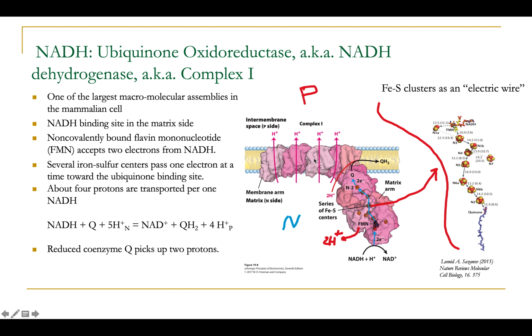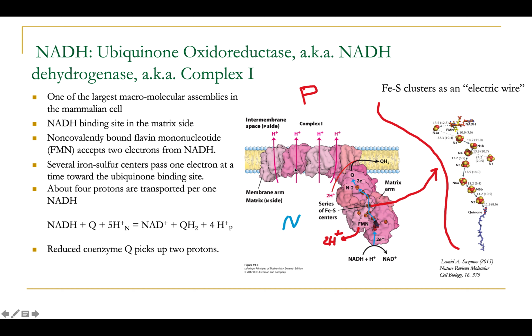So the function of complex 1 could be summarized by a balance equation similar to what is done in the case of chemical reactions, except that instead of transferring protons between chemical compounds, we deal with transferring of protons between the negative side and positive side of the mitochondrial compartments, which are referred to with subscript n and p respectively.